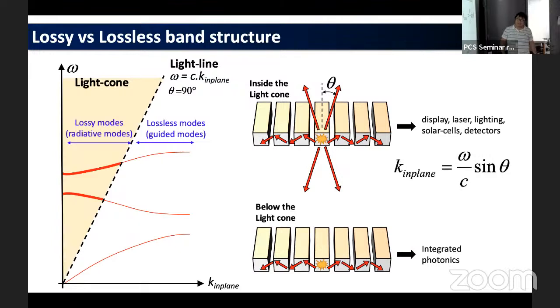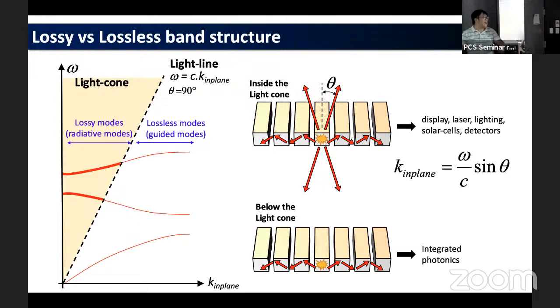Then below the light line, we have the second region. Now, this in-plane wave vector cannot be associated with any angle. In other words, this k in-plane corresponds to an imaginary part of kz. So light, if I put an emitter inside, is totally reflected.